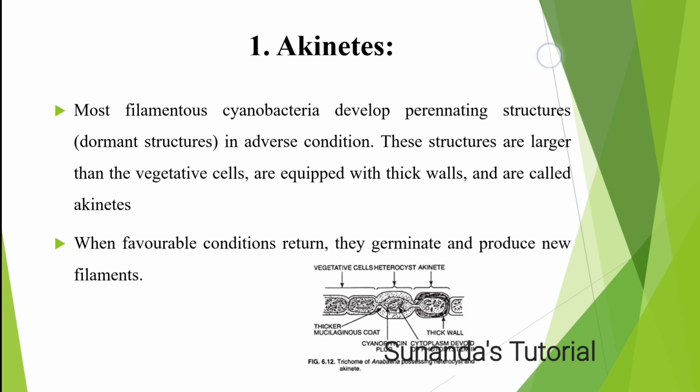When favorable conditions return, they germinate and produce new filaments. So these akinetes are perennating structures, and they are generally larger than the normal vegetative cell. But when the favorable condition appears, they germinate and produce new filament.